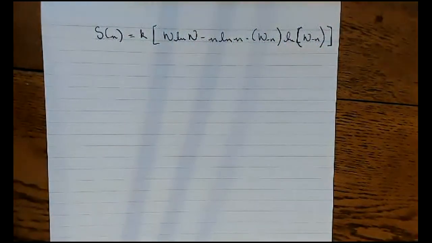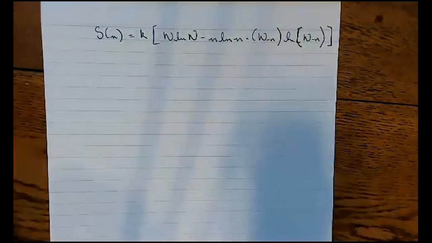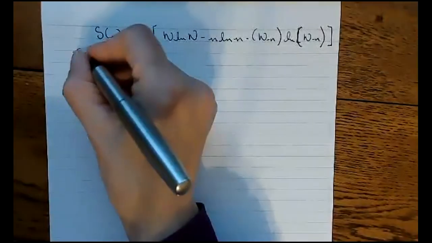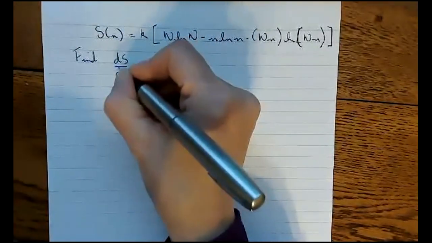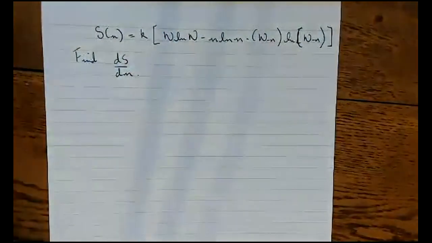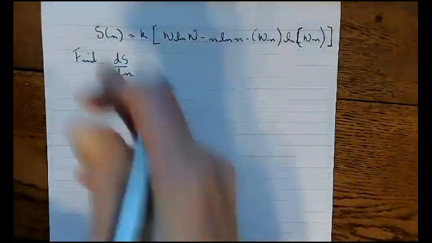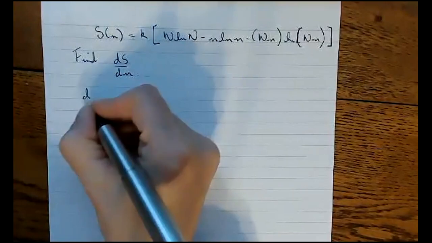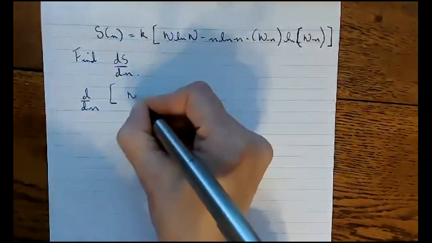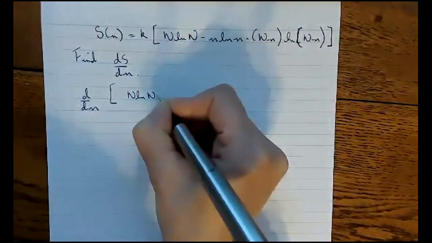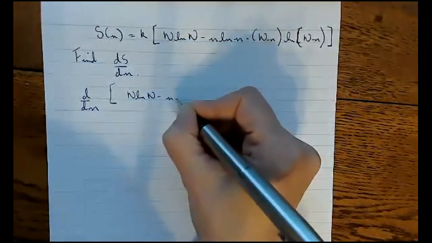And now what we're going to want to do is differentiate it with respect to n. So find dS by dn. Okay, so what we want is d by dn of the bracketed expression.